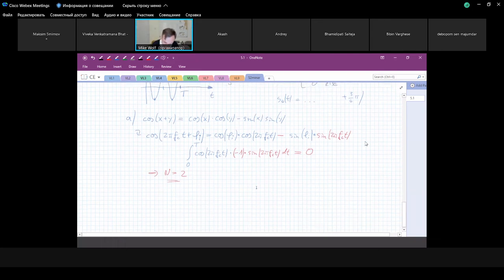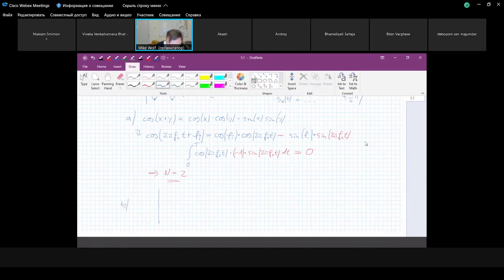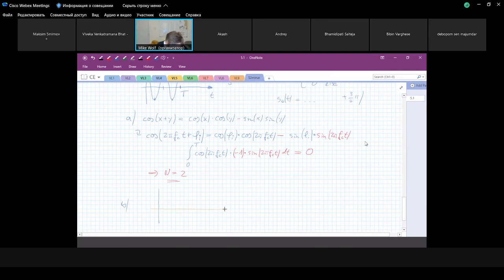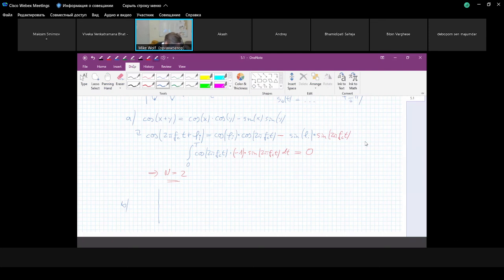So the only thing to do is we need to normalize these basis functions. So this means we have the basis functions, and we only need 2 of these. This is the first one.